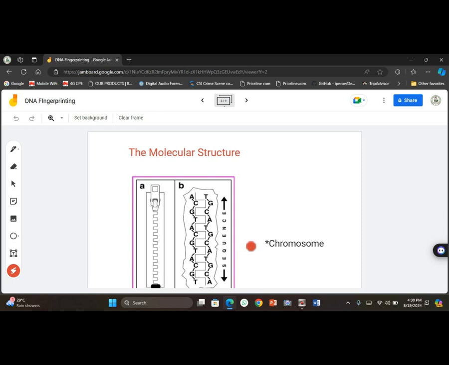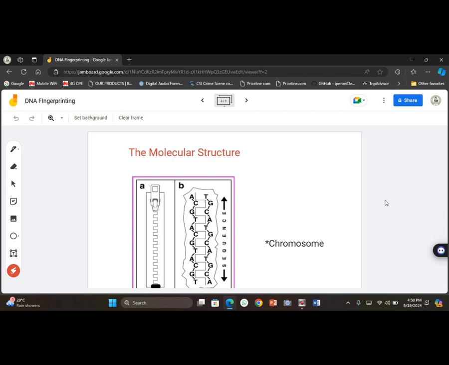Now, a chromosome. Perhaps you might have heard of chromosome before during your biology class in secondary school. A chromosome is the physical state of genetic material during the division phase of a cell.